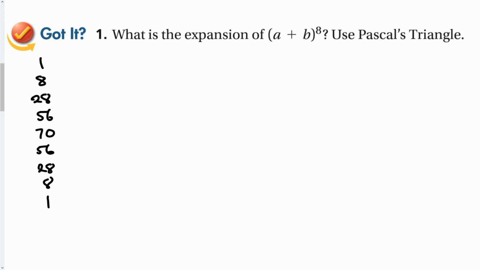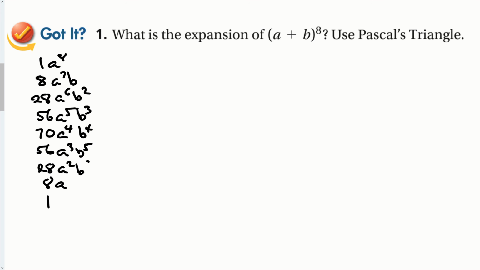So this would be 8, 7, 6, 5, a to the 4th, 3, 2, 1, and then 0. And then the next row would start with b to the 0, b squared, b to the 3rd, b to the 4th, to the 5th, to the 6th, to the 7th, and then b to the 8th. And then we just add all these different terms together to get my polynomial.